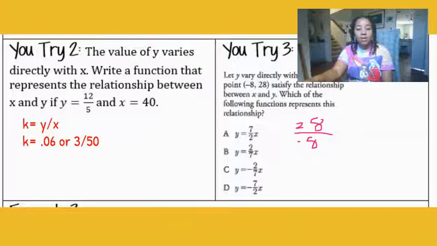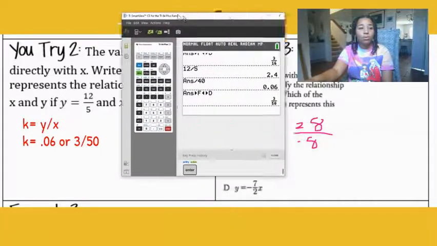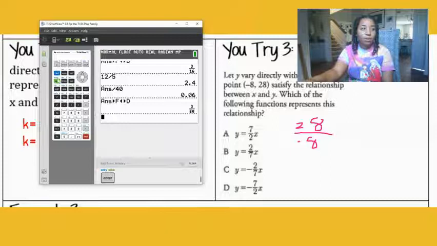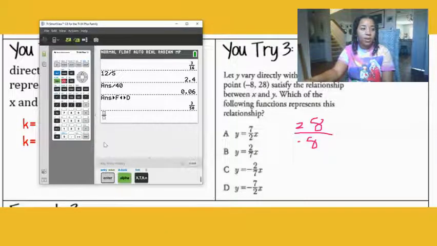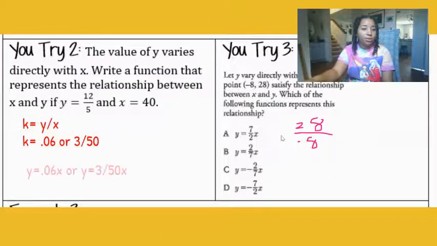We're going to type this exactly like that into the calculator. If you can find the greatest common multiple between them, kudos to you. You win my math award. You're amazing. But if you don't like to, you can just type 28 over -8, enter, -7 over 2. So D would be correct. So that's how you would solve example 3.